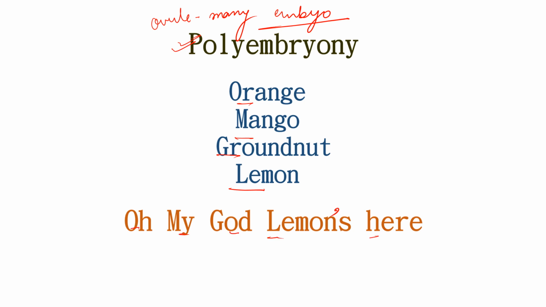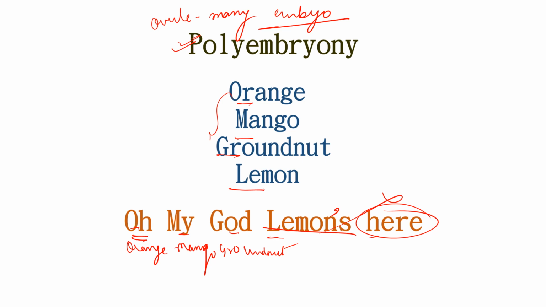Oh my god, lemons here. So from O it's orange, from my it's mango, from god it's groundnut, and from lemon it's lemon. And here's it's nothing. With these four examples and this simple sentence, you will be able to remember all the examples of polyembryony, that are orange, mango, groundnut and lemon.